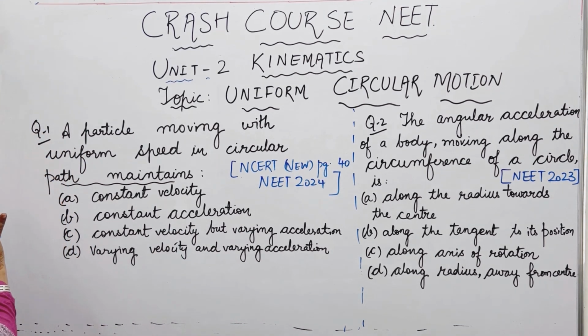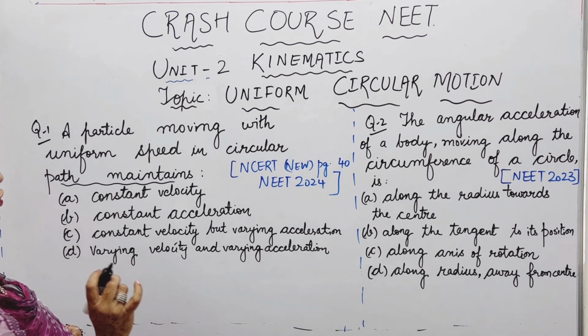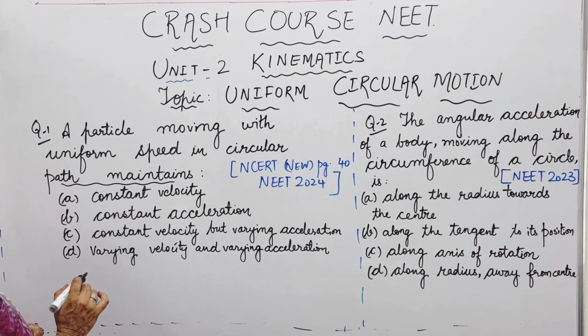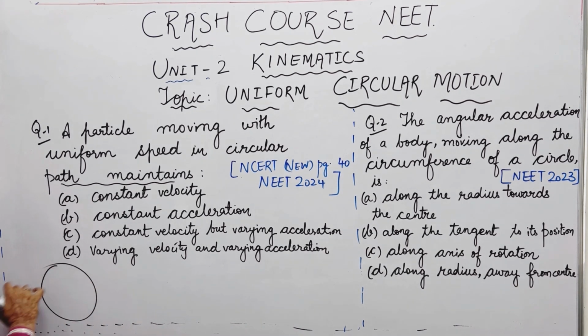This is just based on the concept of the motion of a body along a circular path. So when a body moves along a circular path, what about its speed, velocity, and acceleration?